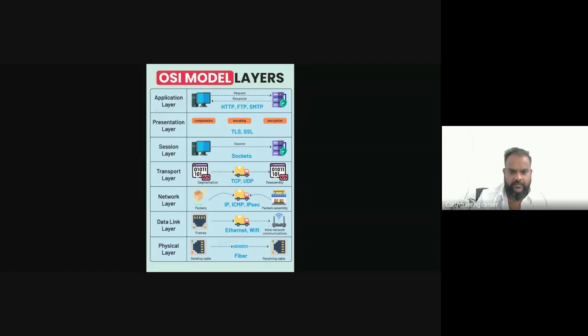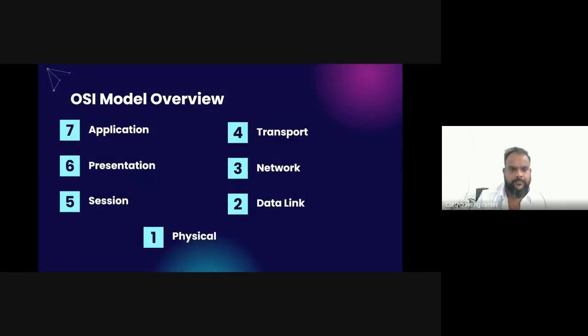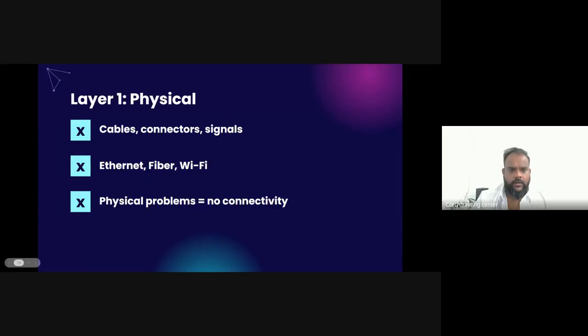Sorry, let me just find this slide. As we talked about: physical, data, network, transport, session, presentation, and application. Now we're going to be going into each one of these layers as well.